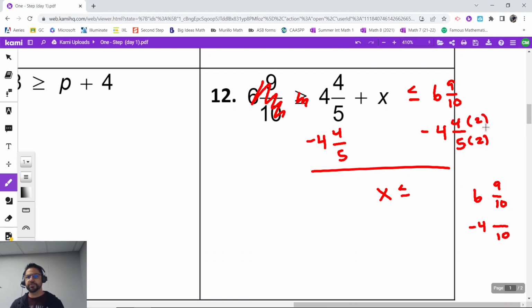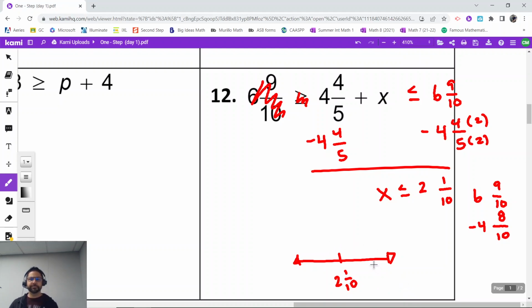So 4 times 2 is how I get the 8. So 6 and 9 tenths subtract 4 and 8 tenths. So 9 subtract 8 is allowed. So I got 1 tenth. 6 subtract 4 is 2. So I got 2 and 1 tenth.